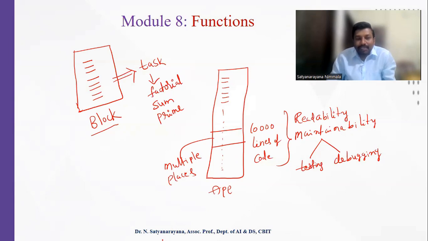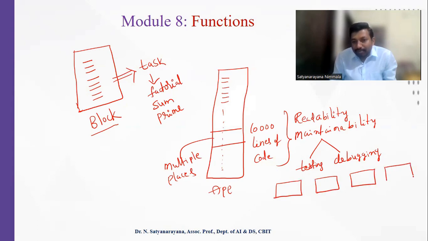Because you are keeping all these 10,000 lines of code as part of a single program, you cannot reuse some part of this code again and again wherever it is required in the application. So the best way of doing things is to divide all these 10,000 lines of code into some fixed number of modules, say 4 blocks, B1, B2, B3, B4, and each block will then have 2,500 lines of code. Am I right?